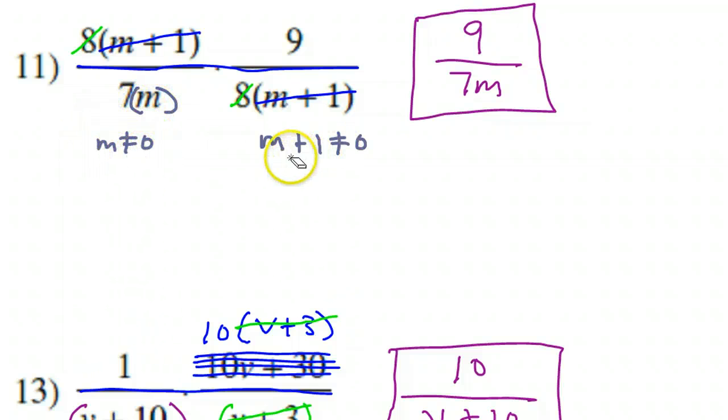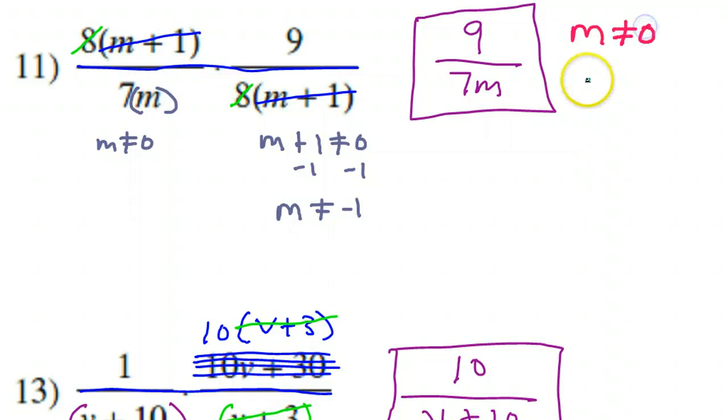So m cannot equal 0, and m plus 1 cannot equal 0. Of course, subtracting 1 from both sides, we see that m cannot equal -1. So those are the two restrictions. M cannot equal 0, m cannot equal -1.